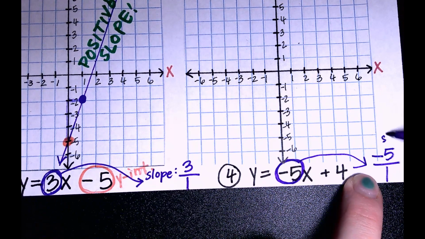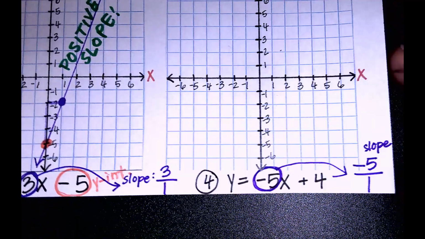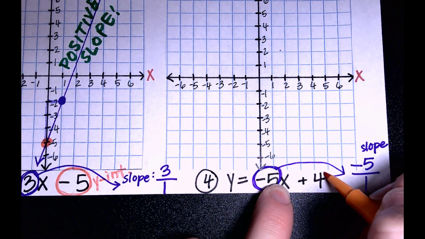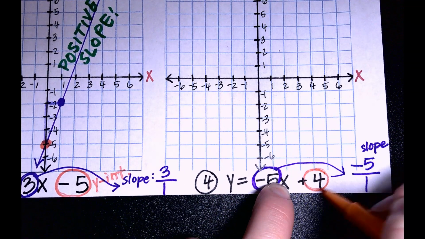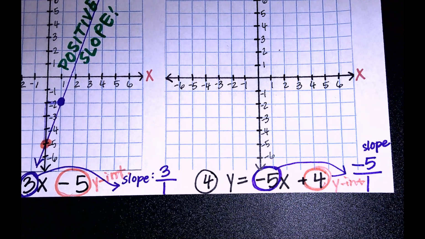And what else do I need to identify? My y-intercept, which is what? 4. Good. It's always going to just be the number at the end of the problem. So 4 is my y-intercept.